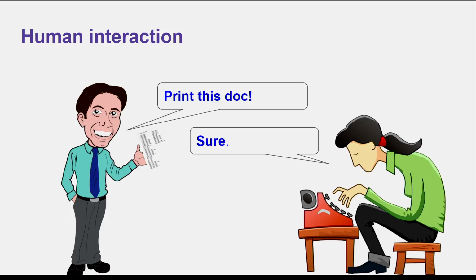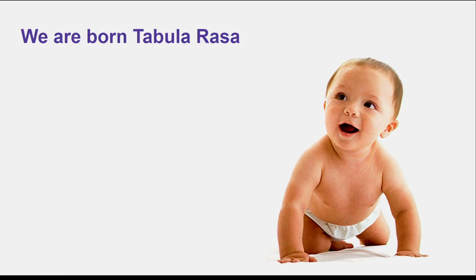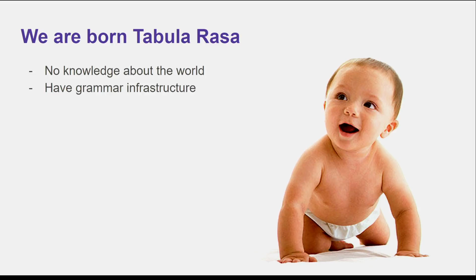Let's start by defining the basic features of human communication, and we will start from the beginning. When we're born, we are kind of tabula rasa. We have no knowledge about the world. We don't know any specific language. But we have some grammar infrastructure in our mind. We have the ability to learn communication.